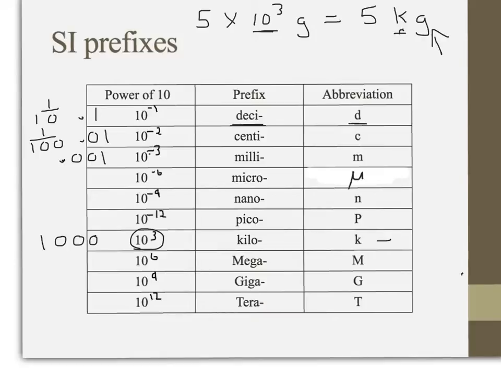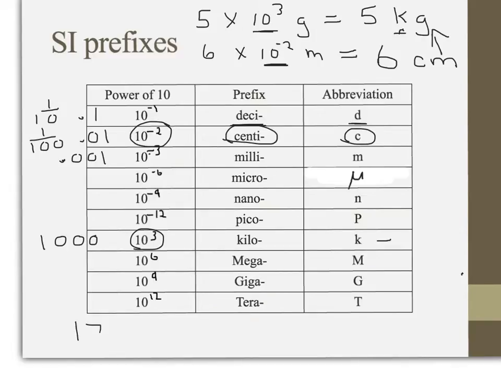Likewise, if I have, let's say, 6 times 10 to the negative 2 meters, and I want to replace this 10 to the negative 2 with an abbreviation, I go to my chart. Here's 10 to the negative 2, so I know I can replace that with a centi, and the abbreviation is a small c. So this can be written as 6 centimeters. And these two numbers are exactly the same.